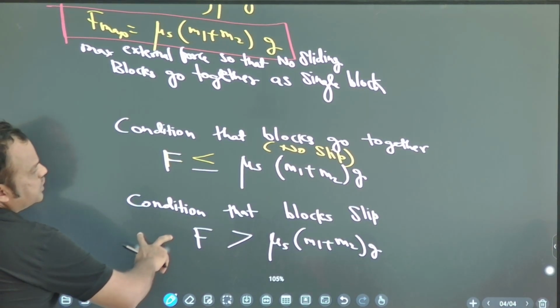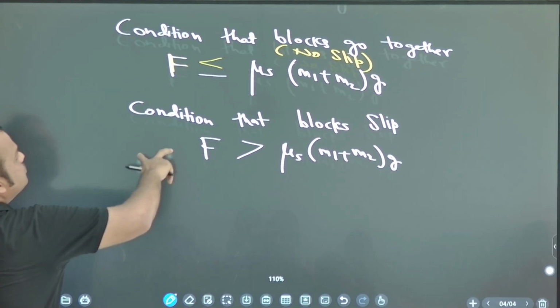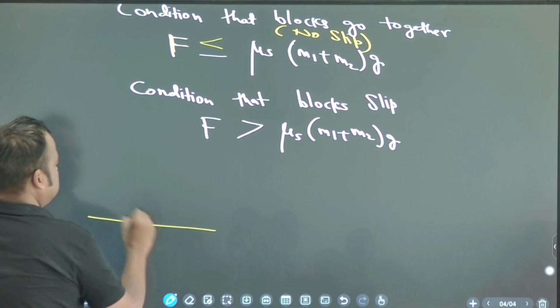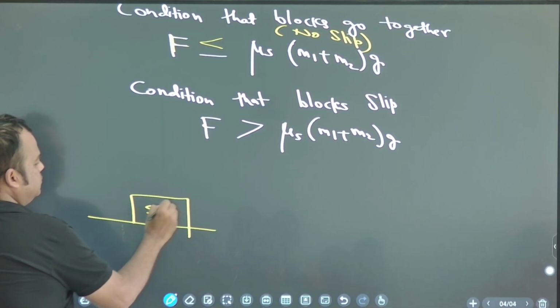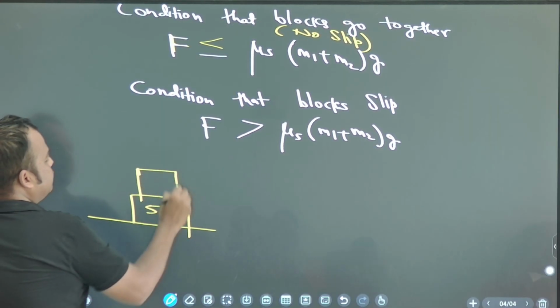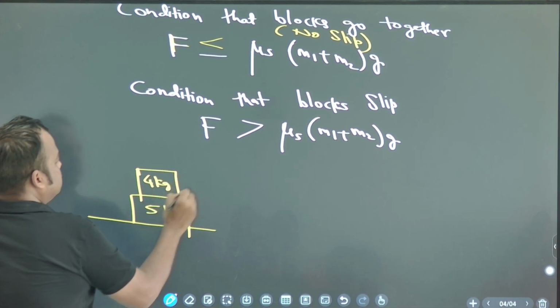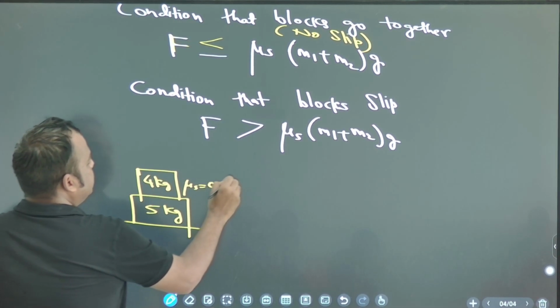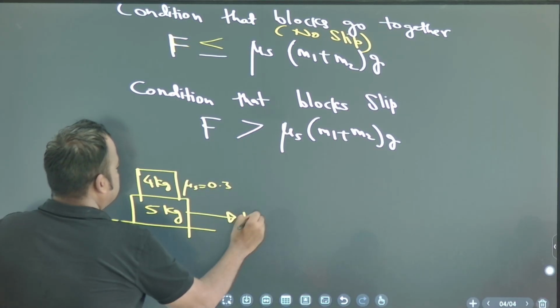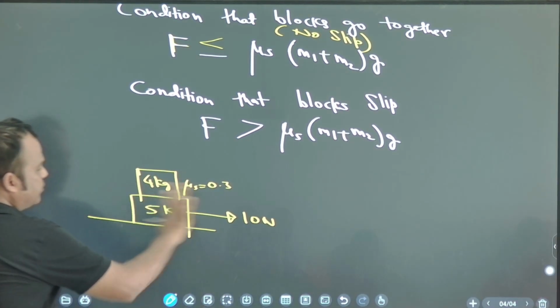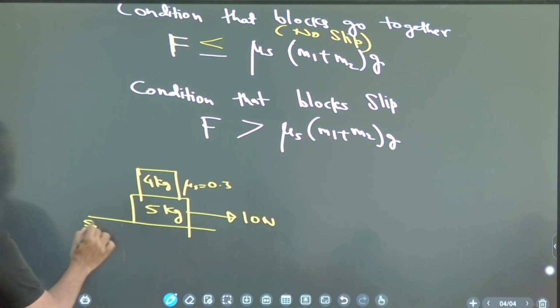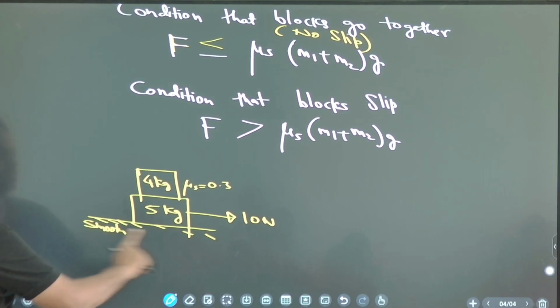Now I will give a question, you tell me if they will slip or not. Five kg, 4 kg, mu s is given 0.3, force acting 10 Newton. This surface is smooth.